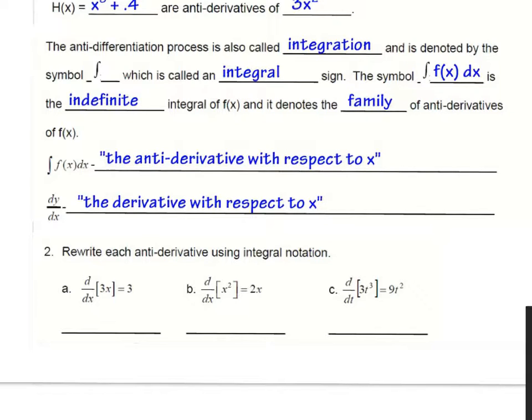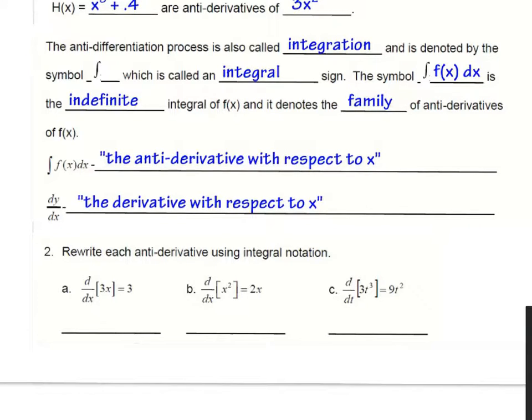So last unit, before spring break, you kept saying, why is the dx there? Why is the dx there? So now we can see the reason. The integral of f of x dx means what is the antiderivative of the function with respect to x. Just like when we did dy dx, that meant the derivative with respect to x.